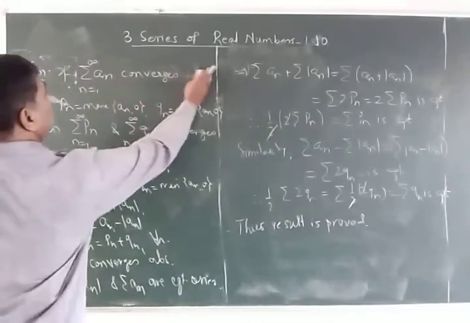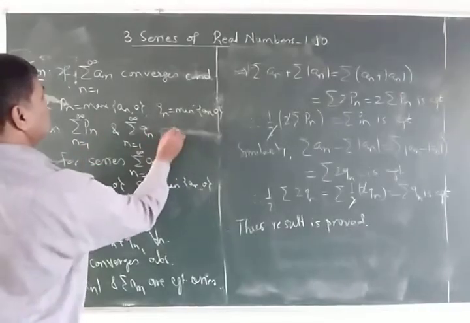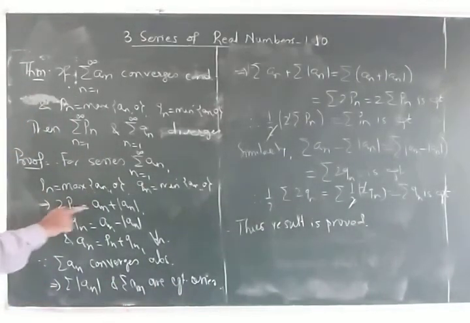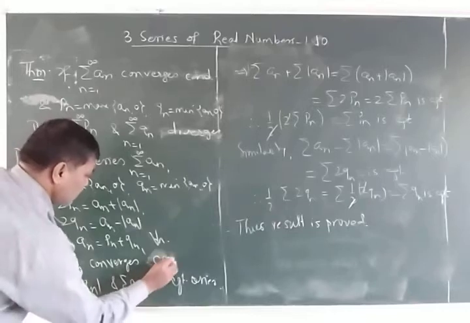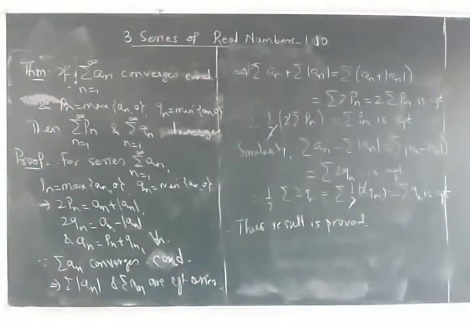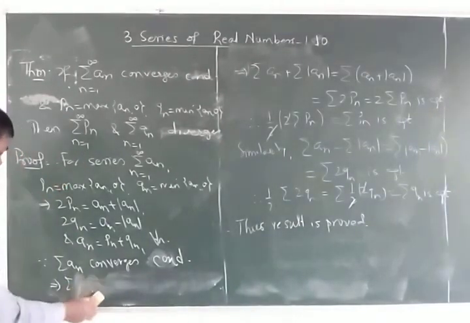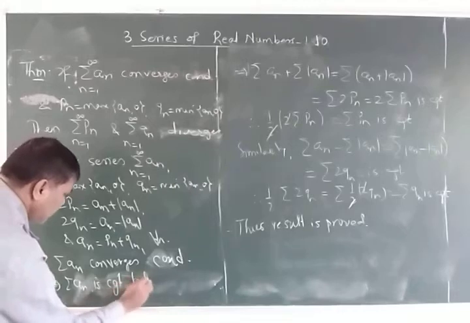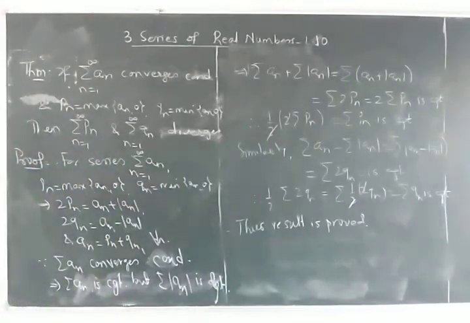If summation of a_n converges conditionally, with P_n and Q_n defined as above, then these series diverge. For the series summation a_n, with P_n and Q_n defined like this, 2P_n, 2Q_n, a_n defined like this, converging conditionally implies summation of a_n is convergent, but summation of mod a_n is divergent.